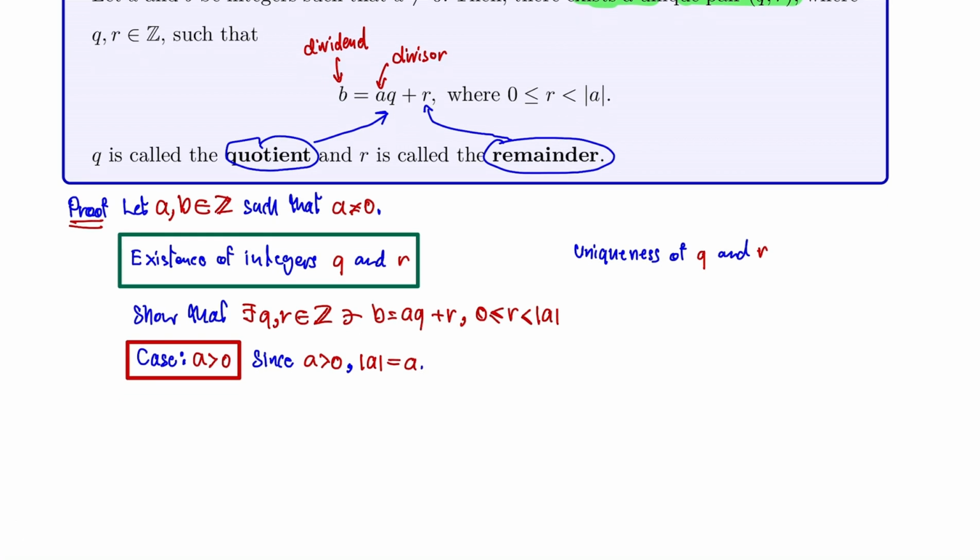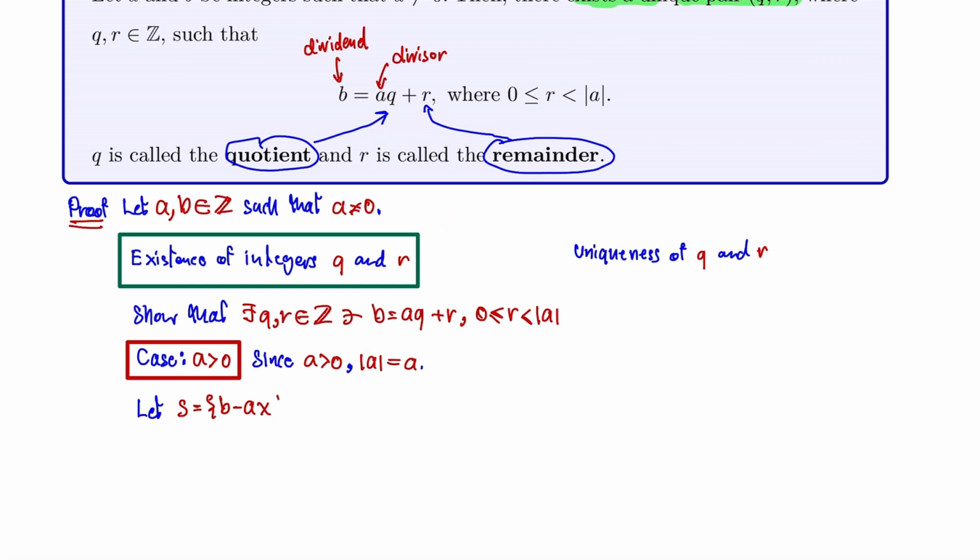Then we want to show that there exist q and r such that b equals aq plus r. So I want to create a set S that contains b minus ax, just like I move aq to the left side so that we have r equals b minus aq.